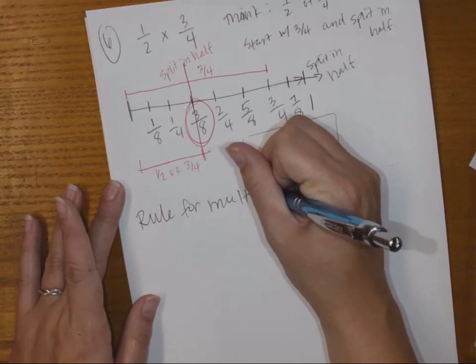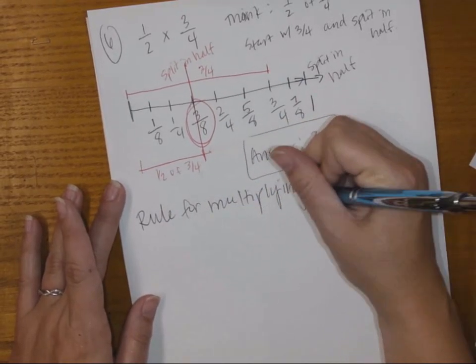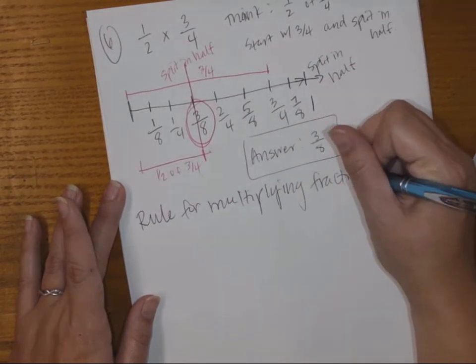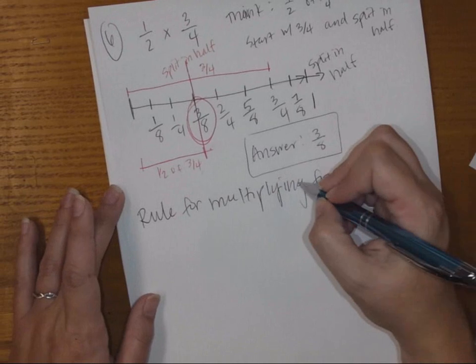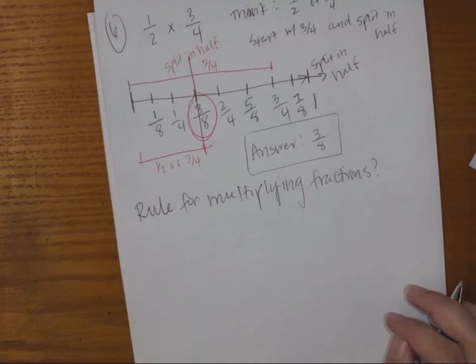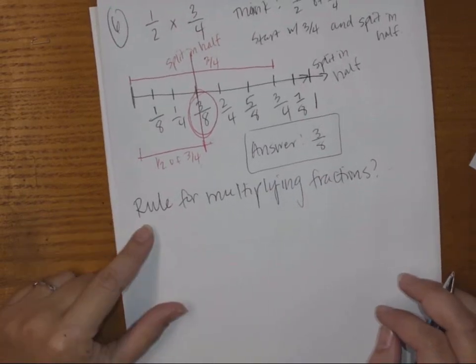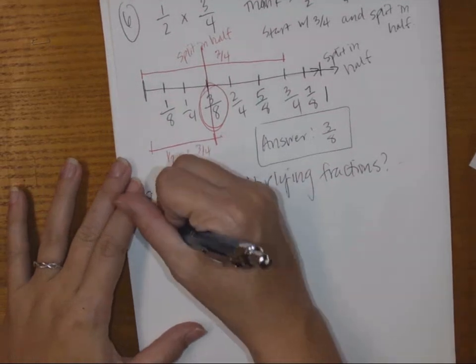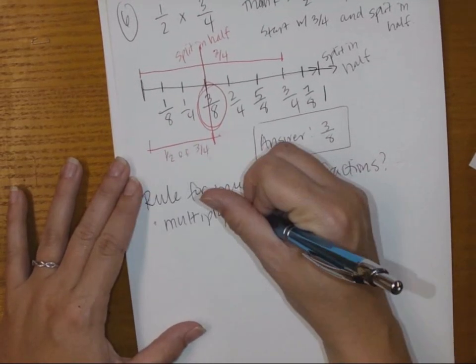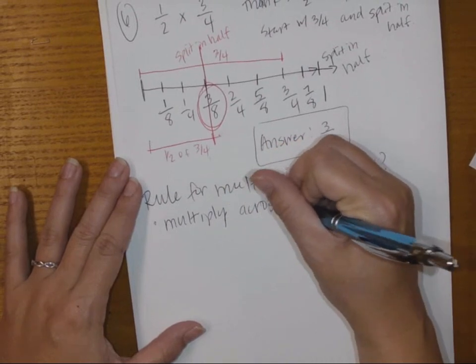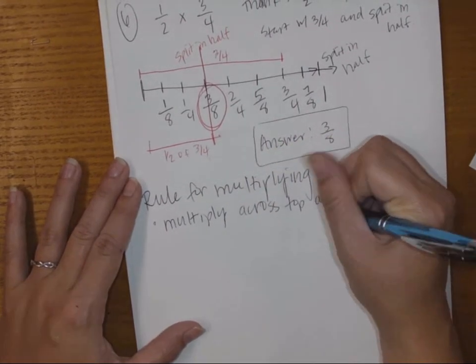Take a second and see if you can remember what the rule is yourself. Unfortunately, lots of times students forget the rule, especially adults forget how to multiply fractions. The rule is to multiply across the top and multiply across the bottom.